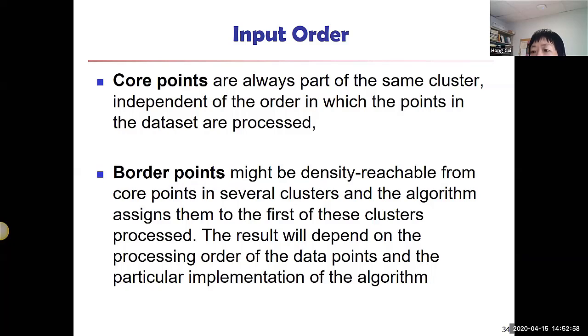No matter where you start, core points are always going to be grouped in the same cluster. But border points may be grouped into different clusters depending on the order of the input. This is intuitive, and I personally don't think this is a huge problem.